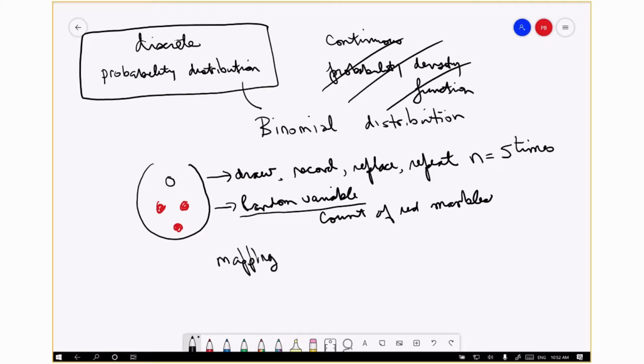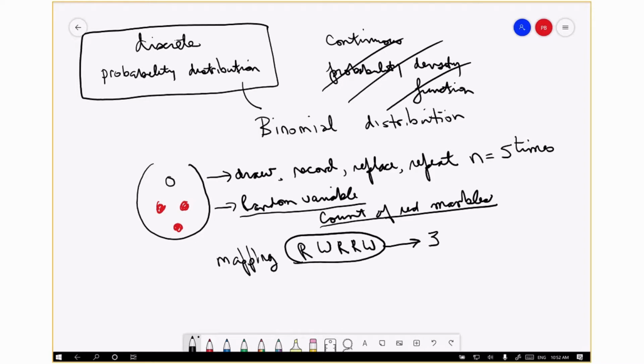So let's say we did our 5 draws and got red, white, red, red, white. The outcome of that experiment, if our random variable is the count of the number of red marbles, takes this outcome and maps it onto a number, which is going to be 3, because there's 3 red marbles.